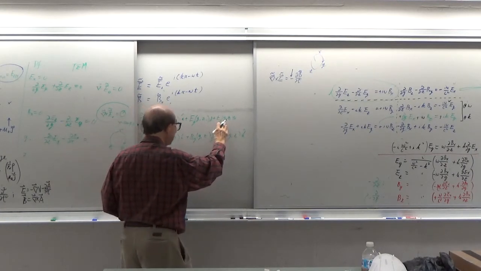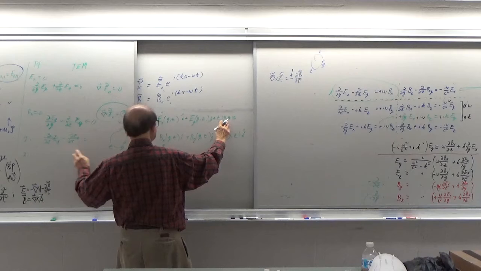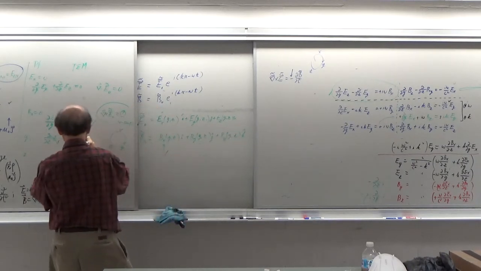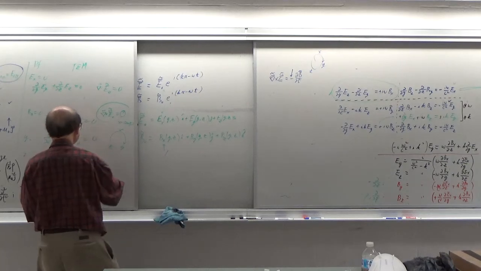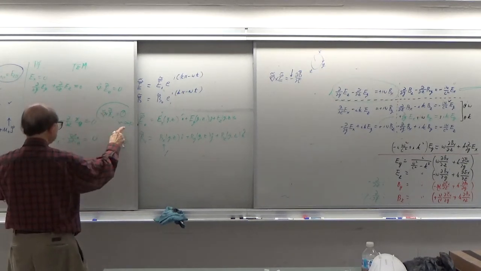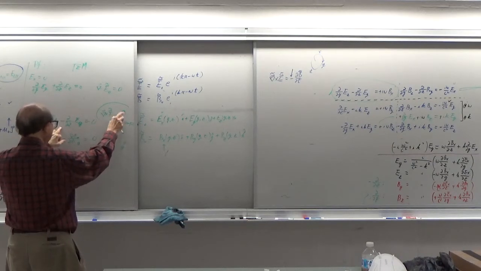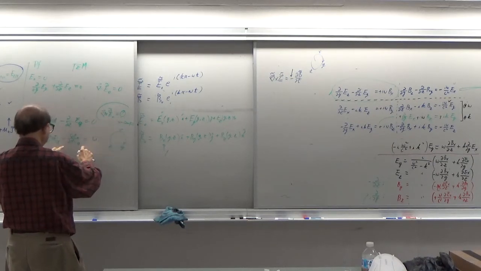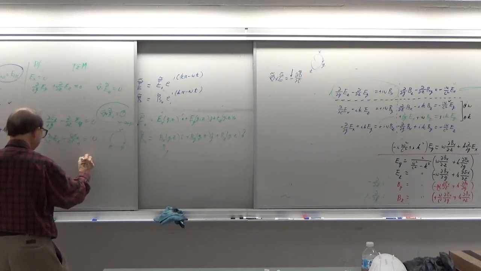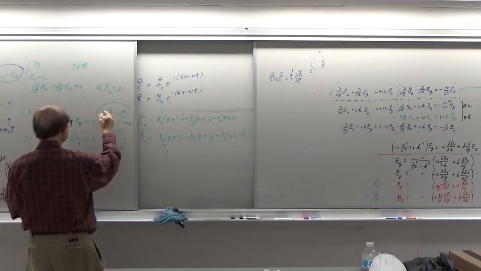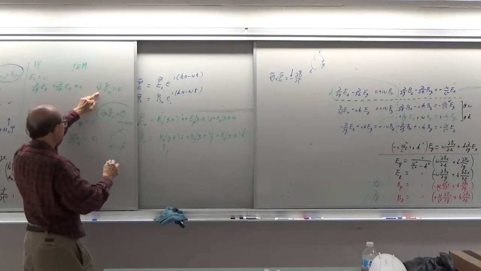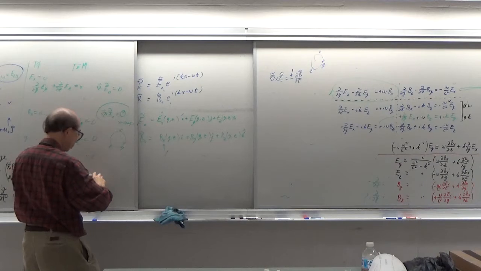But just note there is no x dependence in the z component of the amplitude, so this is also 0. So we've shown that the x component of the curl is 0. Now we've shown the y component is 0. You can do the same thing for the z component. So in short, not only is E naught divergenceless, but E naught is also curlless.